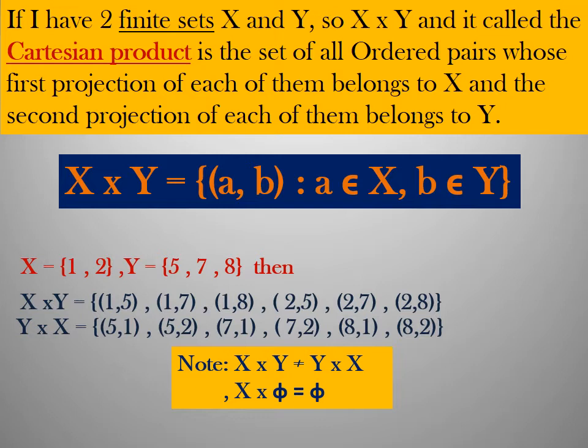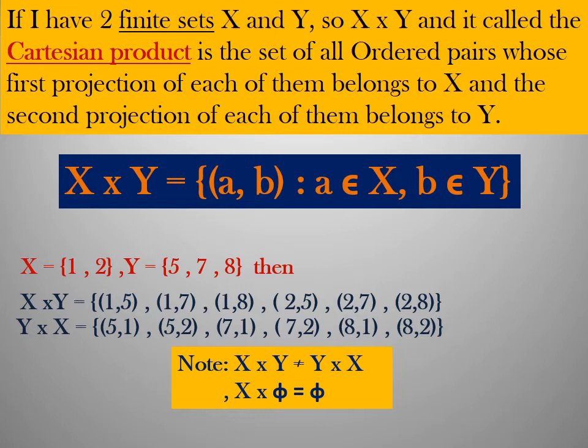And it's noted too that x crossing phi equals phi. x crossing phi equals phi. Why? Because phi is an empty set. So when I'm crossing x here, which is 1 and 2, with an empty set, I will have no ordered pairs.